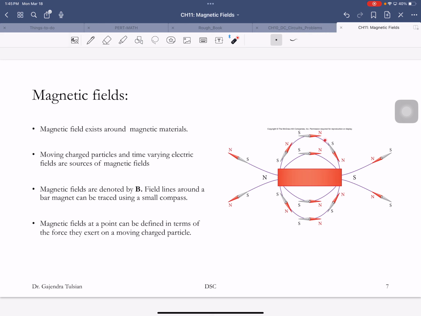We said magnetic fields are produced by what? Moving charges. Where's the moving charge in here? Is it inside the material itself? What is moving? Where's the charge moving? The electrons are moving between the various poles.